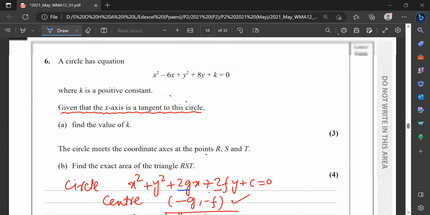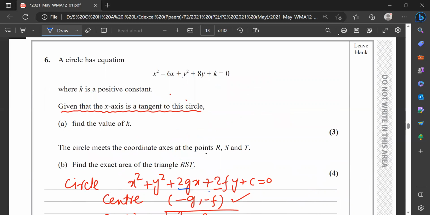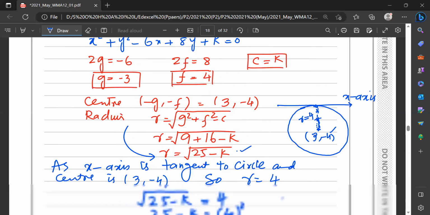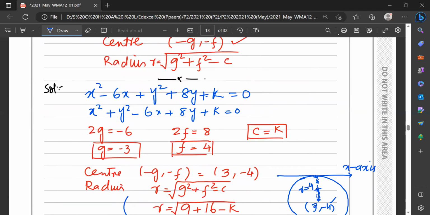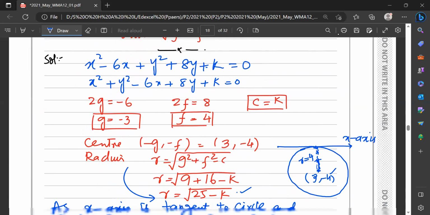The second part is: a circle meets the coordinate axes at points R, S, and T. Coordinate axes means x-axis and y-axis. Find the area of the triangle RST. So we have the circle equation and the value of k is there.